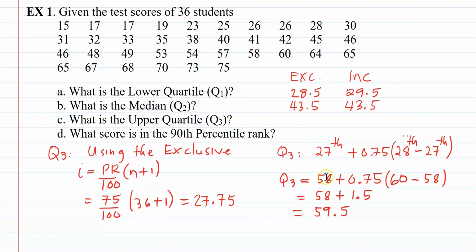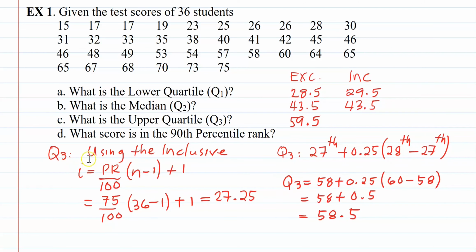So we have 58 plus 0.75, and the score on the 28th position is 60, and 60 minus 58 is 2, and 2 times 0.75 is 1.5. 1.5 plus 58 is 59.5. So our Q3, or the upper quartile, using the exclusive method is 59.5.